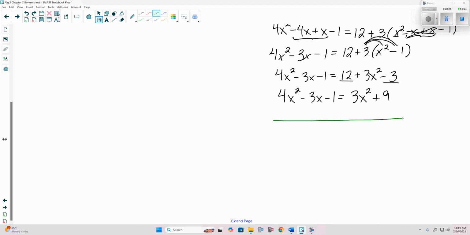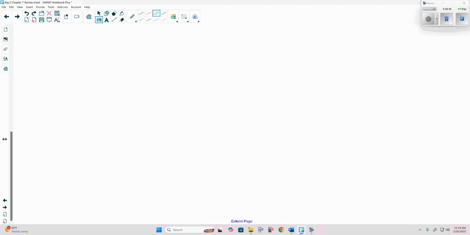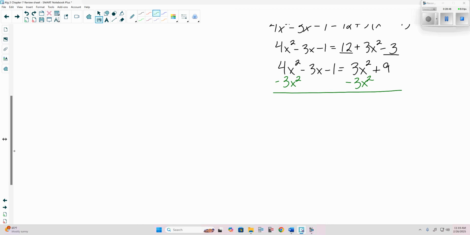Now we do have an x squared term. Actually, we have 1 on either side, which means we're going to need to get this equation equal to 0. I would move the x squareds first, just in case, because there are some times, if we're lucky, that when we get the x squareds on the same side, they'll sometimes cancel out.